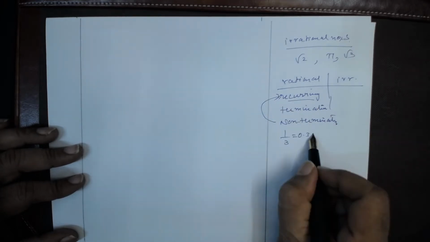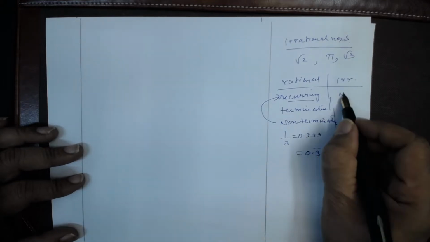For example, when I put 1 by 3, etc., it can be represented as 0.3 bar. But an irrational number is non-recurring also.